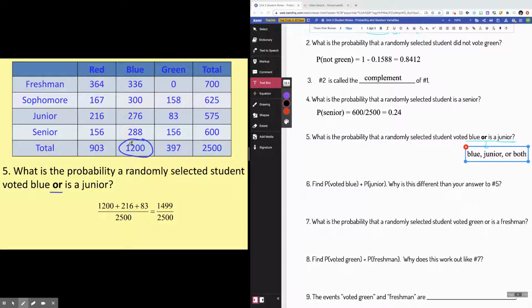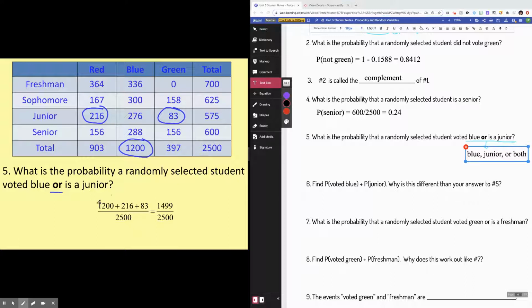Okay, and then I just have to think, who haven't I covered, right? I haven't covered the juniors that chose other colors, because I have the juniors that chose blue and all of the other people that chose blue, but I haven't covered the juniors who chose the other colors, which is 216 and 83.